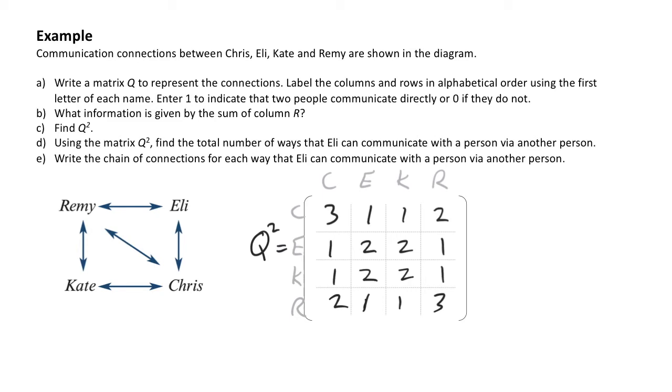For example, if I'm looking at Chris and Kate, I can see there's only one pathway for them to communicate via another person, and that is going to be to go via Remy. So to communicate from Chris to Kate via a 3rd person, the only pathway is for Chris to go to Remy and then down to Kate. The pathway between Chris and Kate direct is not counted because it is not going through another object.